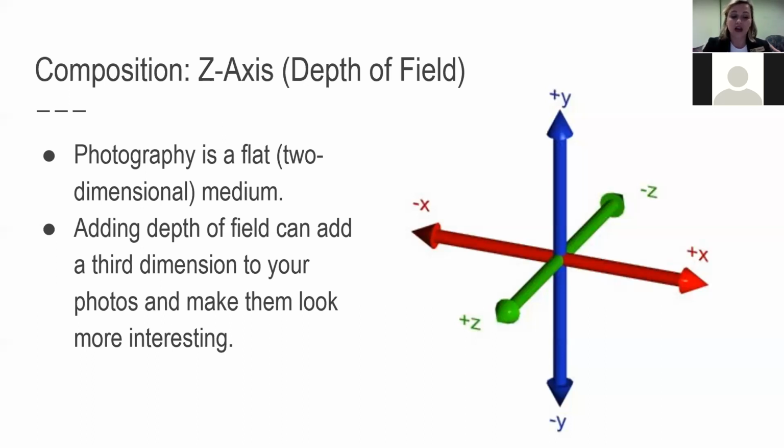Now we know that photography is a flat or two-dimensional medium. By adding the depth of field, which is your z-axis going front to back, you can add depth to your photos. This is the distance between you, the photographer, and your subject. By adding this, you take them from flat into deep, and I have an example of that.